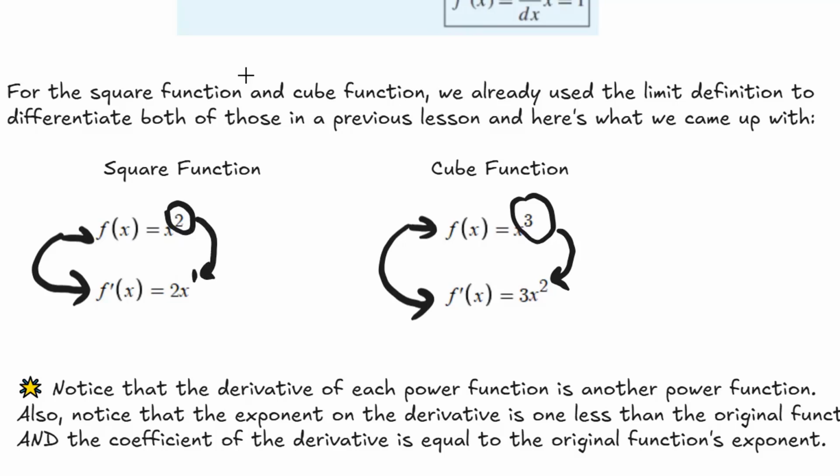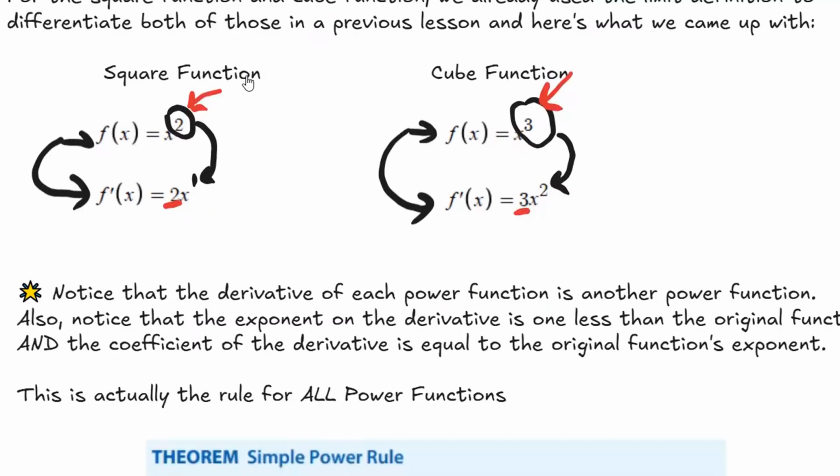And the coefficient of the derivative is equal to the original function's exponent. In other words, for the squaring function, its derivative is 2x, the original exponent was 2. For the cube function, its derivative's coefficient was 3, the original exponent was 3.